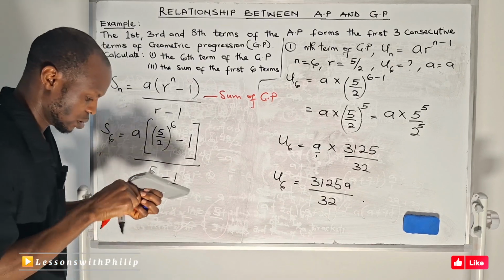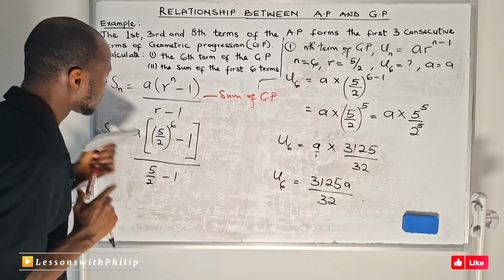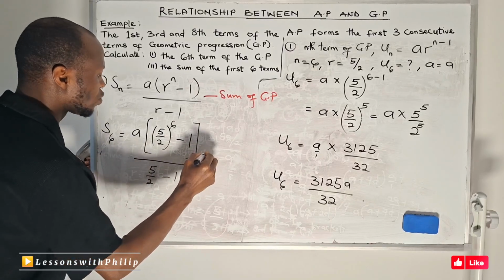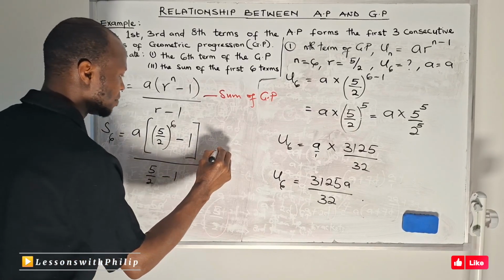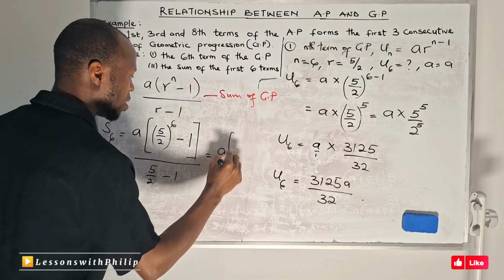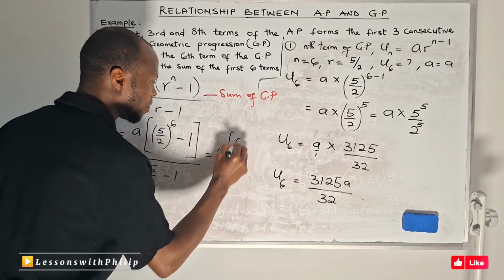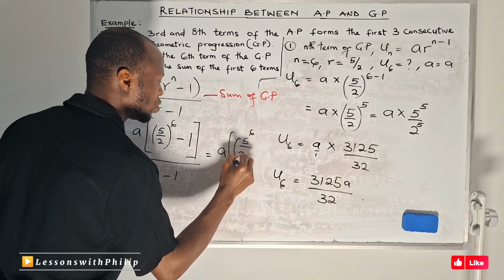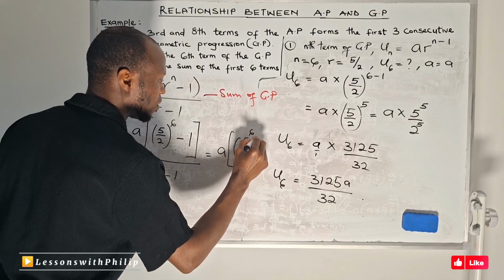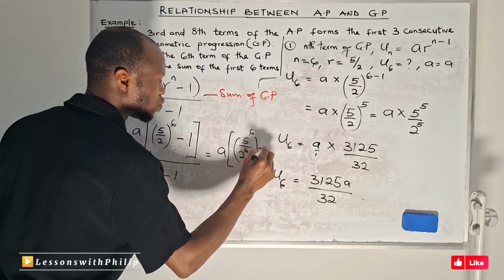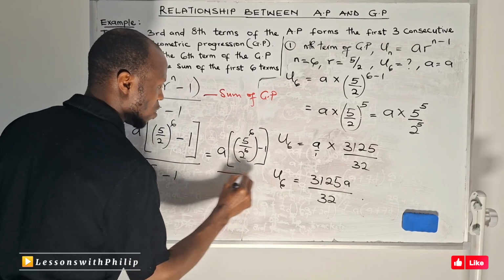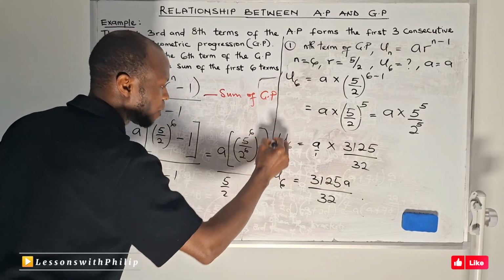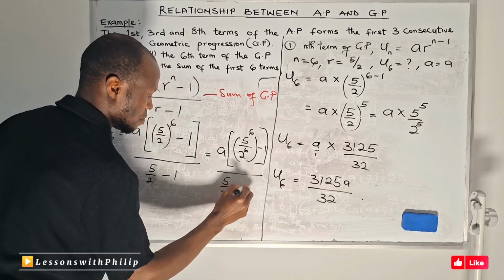Now, from this side, this will be the same thing as a multiplied by 5 raised to power 6 divided by 2 raised to power 6, minus 1, all divided by 5 over 2 minus 1.